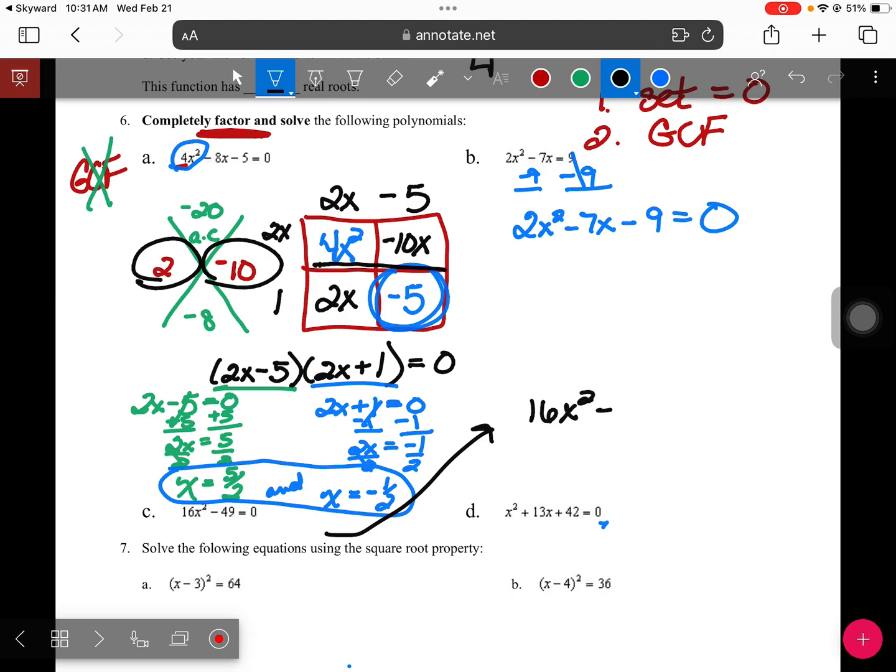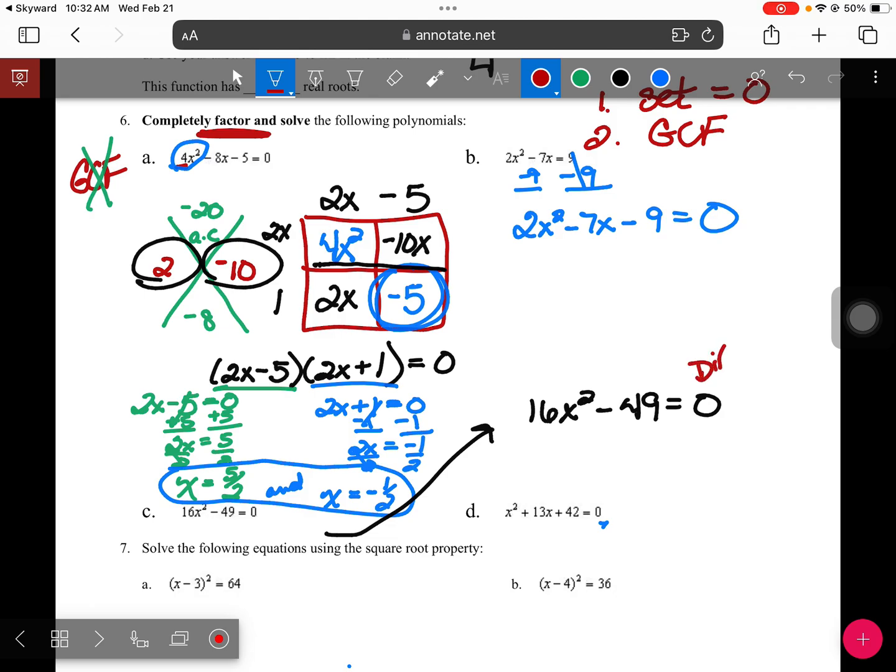Let's go to C though, and I'm going to do C over here because there's no space. 16x squared minus 49 equals 0. We're solving by factoring. What do I do first? Is it set equal to 0? Yes. Is there a GCF? No. And because this is two terms, what would I look for in factoring?